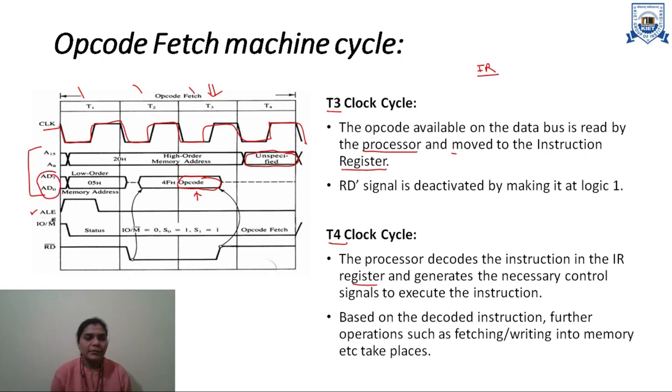ALE will be low to indicate that the multiplexed buses will carry data. The IO/M bar signal, if it is 1, then the operation will be an IO operation. If it is 0 or low, then the operation will be a memory operation. So in this way, we can denote a timing diagram for any machine cycle. Here we have taken the opcode fetch machine cycle as an example.